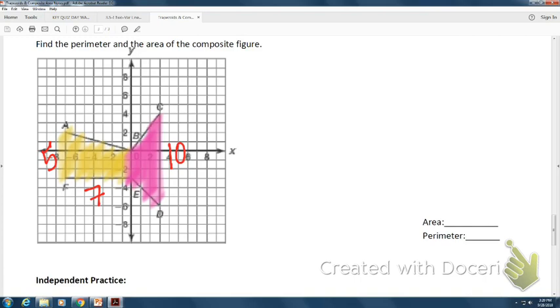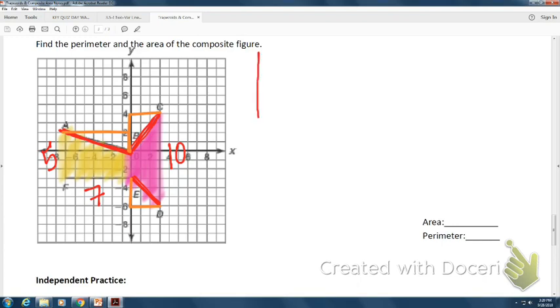Okay, now we need to go and find this guy, and this guy. Okay, so if I draw all these right triangles, I have this right triangle, I have this right triangle, and I have this right triangle. Okay, so let's look at the hypotenuse AB.